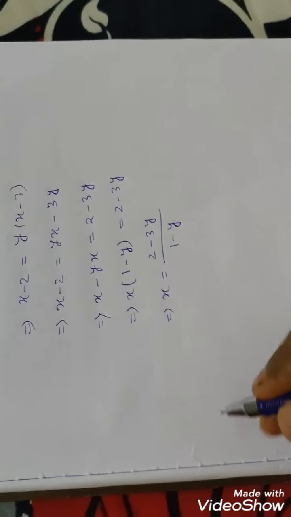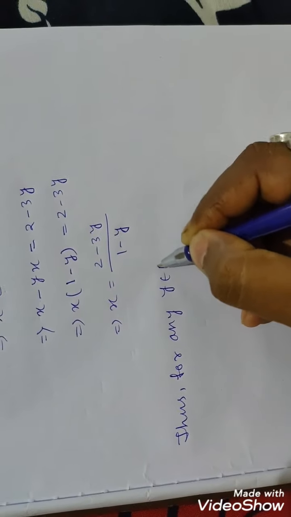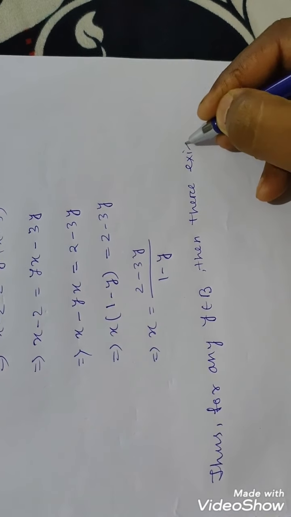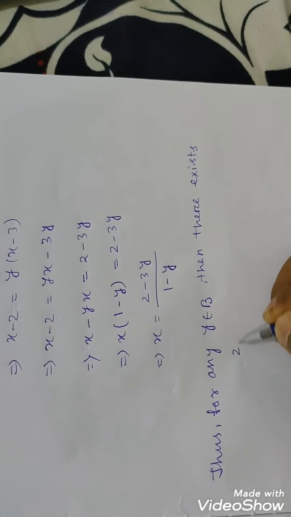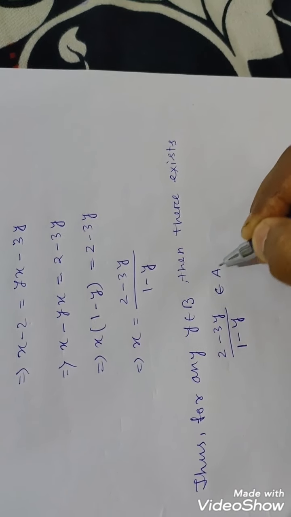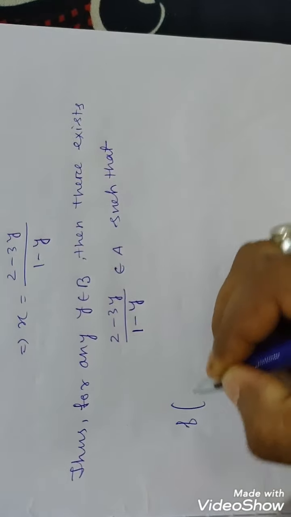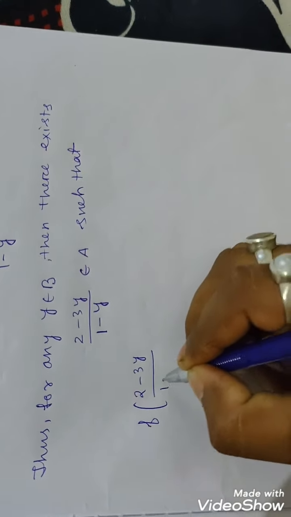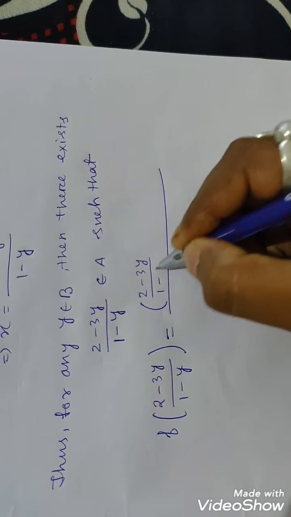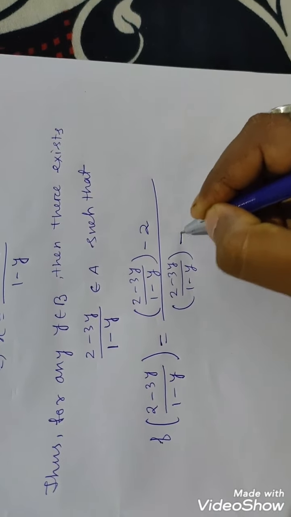Thus for any y belonging to B, there exists 2 minus 3y divided by 1 minus y belonging to A, such that f of this is equal to 2 minus 3y divided by 1 minus y minus 2, over 2 minus 3y divided by 1 minus y minus 3.